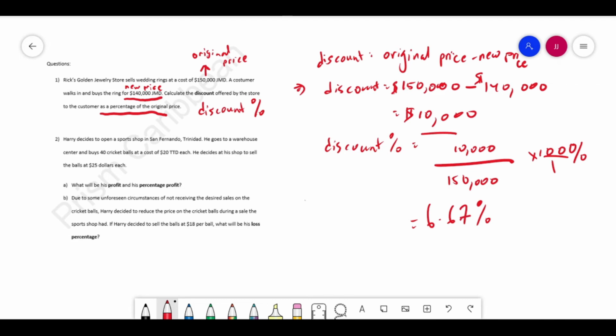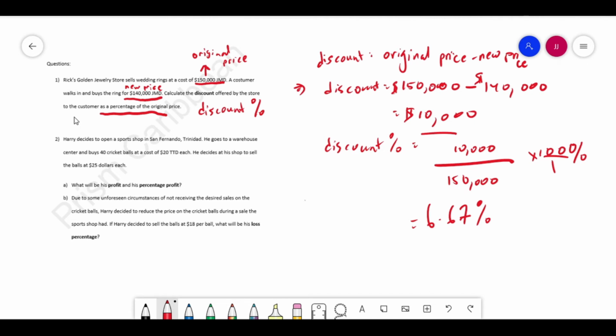6.67%. Now to go over this one more time. Rick's Golden Jewelry Store sells wedding rings at a cost of 150,000 Jamaican dollars, which is the original price. A customer walks in and buys the ring for $140,000, which is the new selling price.